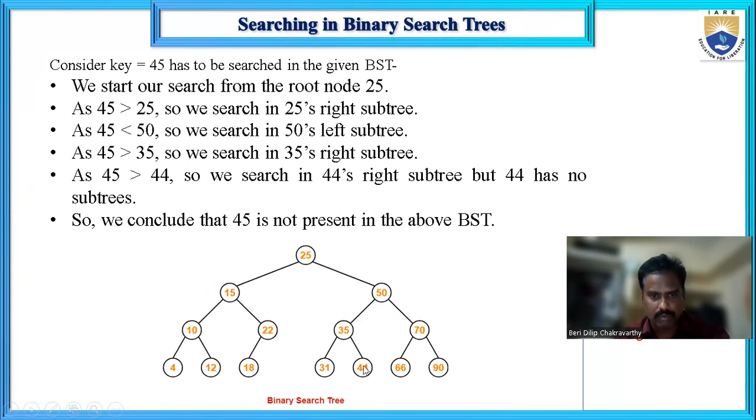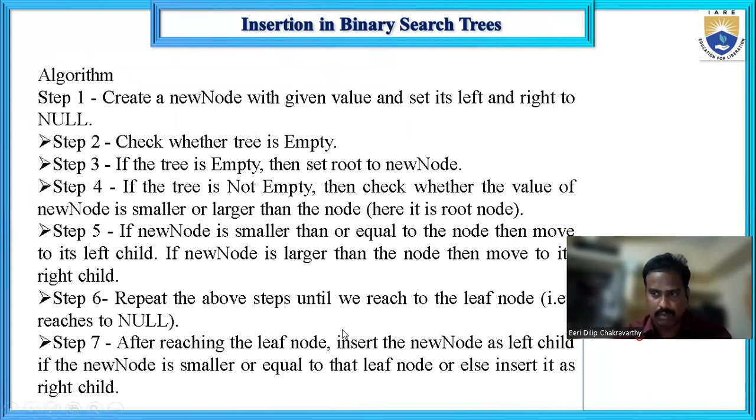Here 44, which is a leaf node. We already reached a leaf node, and this leaf node is not my search element. This is not 45. Hence I conclude that my search is unsuccessful. The element is not found.